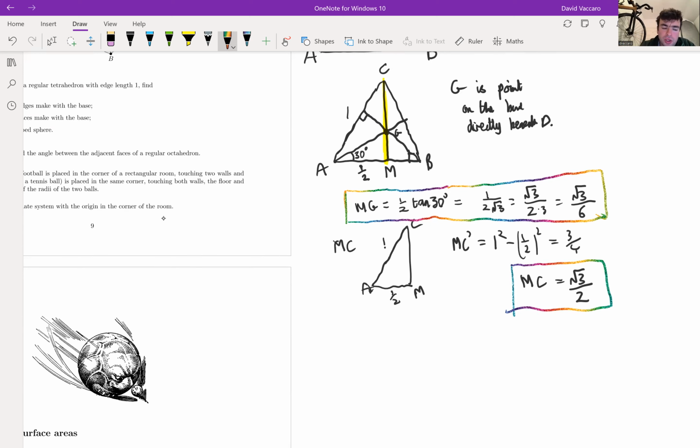Here, this point G is where all the midpoints meet the opposite corner. I got that it was √3 over 6. The height of the triangle was √3 over 2. Does anyone know a much more general theorem that this is a special case of?